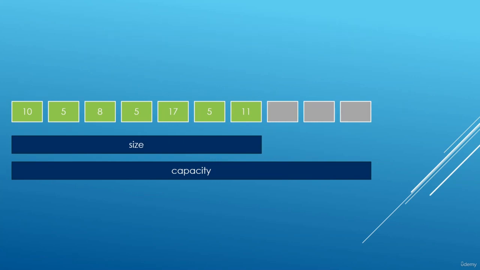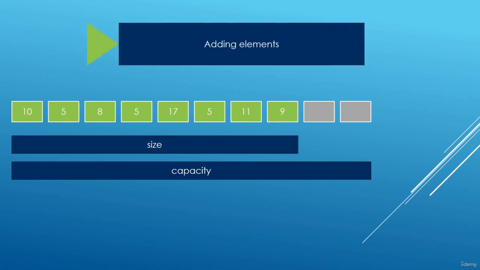We can add elements in our collection. For example, the last element here is 11, but we can add another element and make it a 9. And now the last element is going to be a 9 here. And you see that our size has gone up. Now our size is 8. The capacity is still 10. We can see that right here. We can add another element. Let's do that. And that element is going to show up after 9.